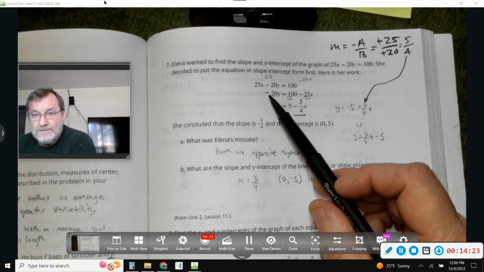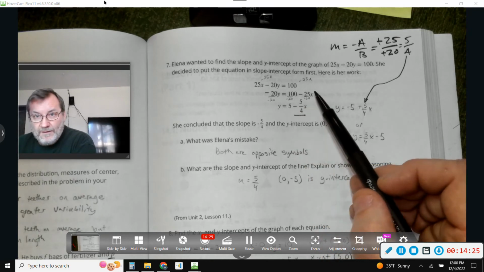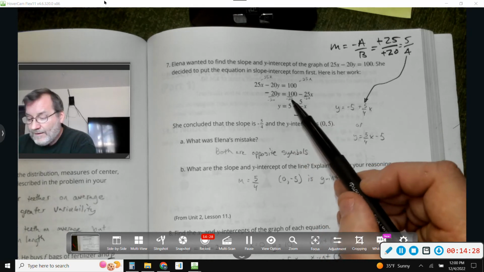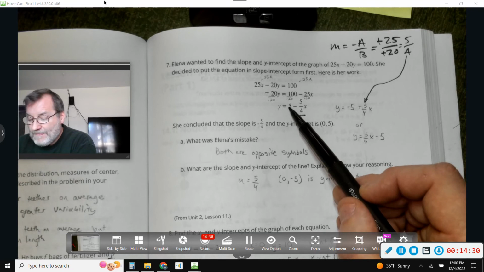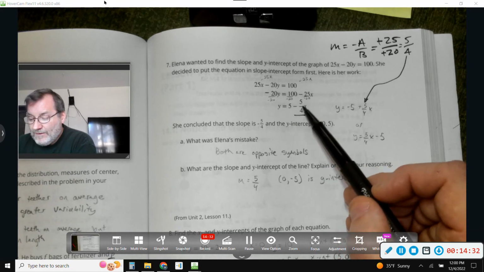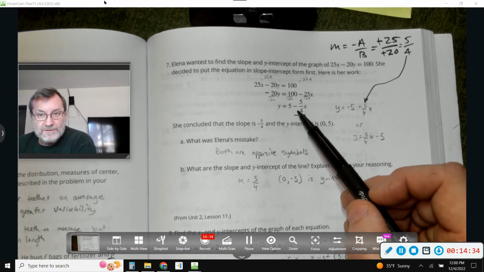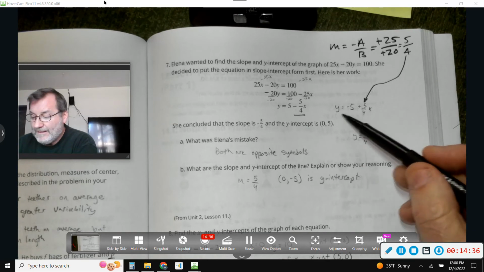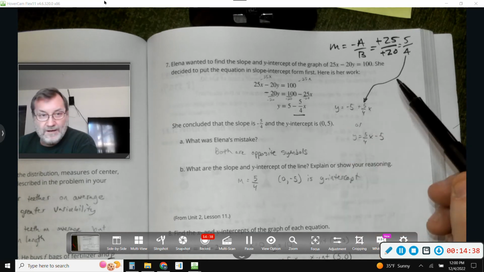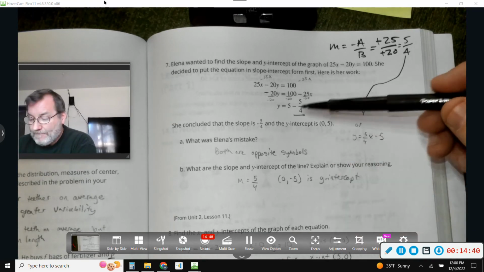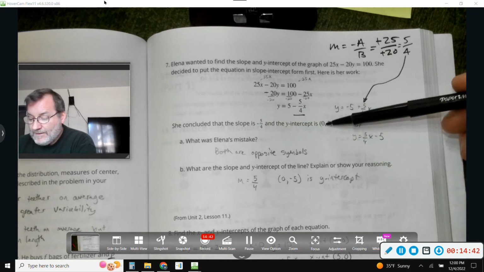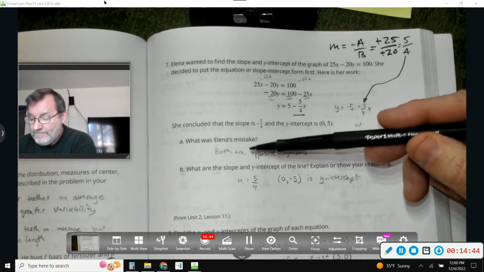What did she do? Negative 20, negative 20, negative 20. When you divide 100 by negative 20, you should get a negative 5. And when you divide this by negative 20, you'll get a positive 5/4. That's what you should be getting right there. That's where her sign errors showed up. She concluded the slope is this and this. What's her mistake?